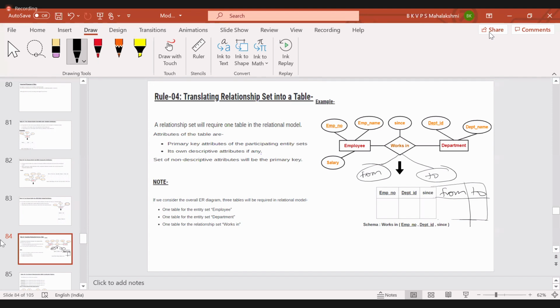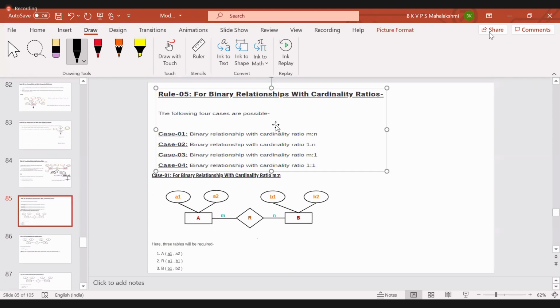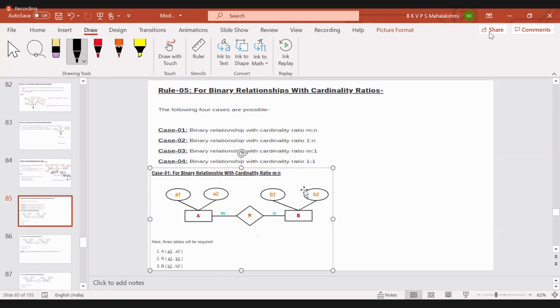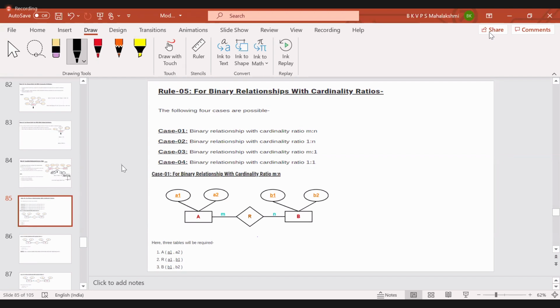So next is binary relationship with cardinalities. If there is a cardinality that you have specified, suppose the cardinality here is m is to n, then how do we construct the tables from the ER diagram?